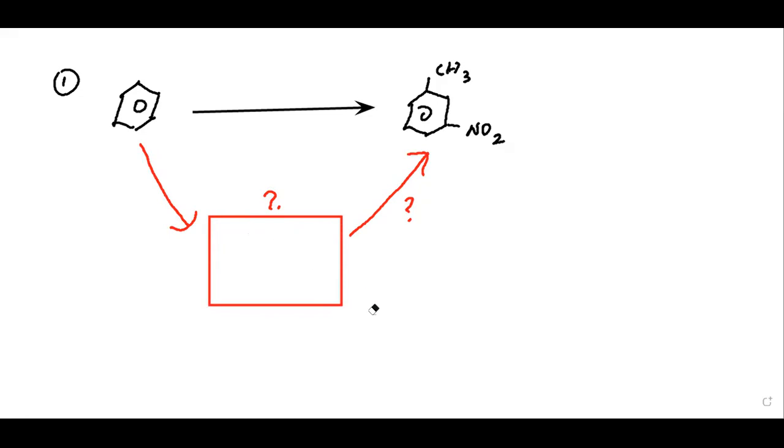I have put here the first step and the second step. Tell me the reagents and the intermediate compound formed. This is our final target. The starting material is given, the final product is given. So in between, what is the intermediate and what are the 2 steps involved here? On each arrowhead you have to write the reagent.